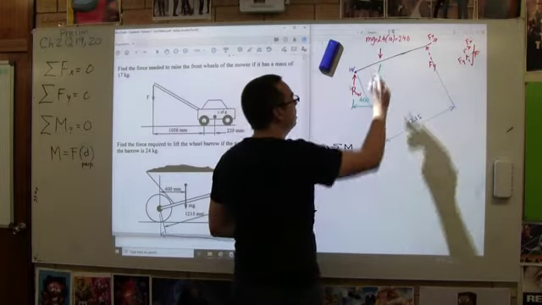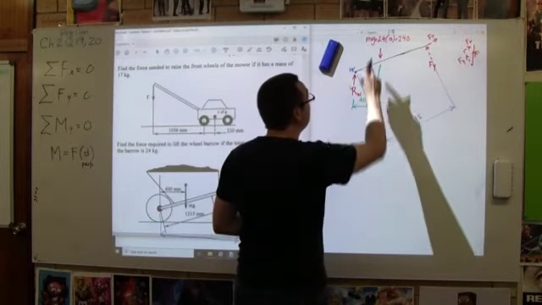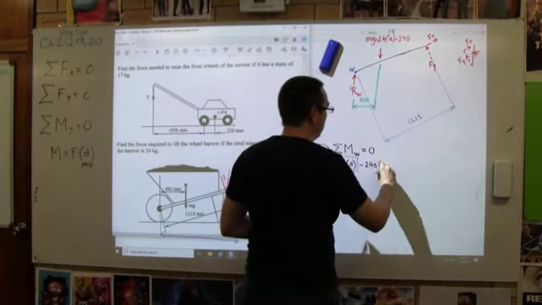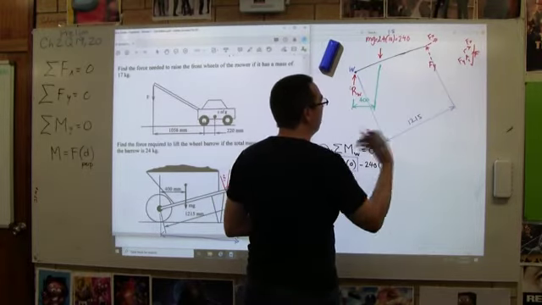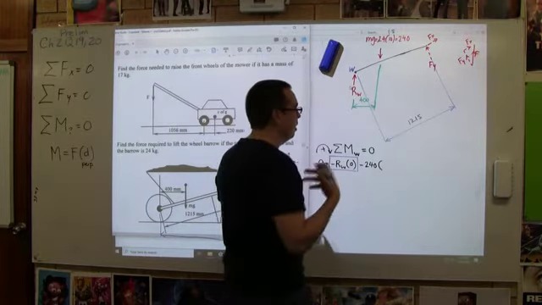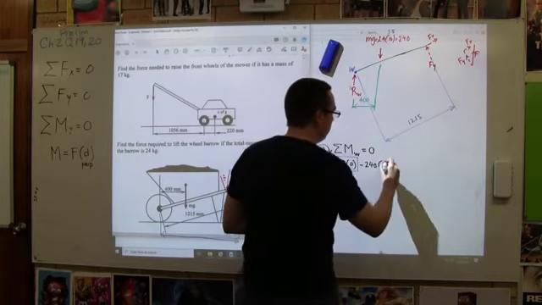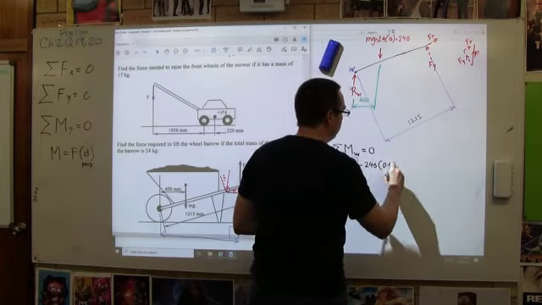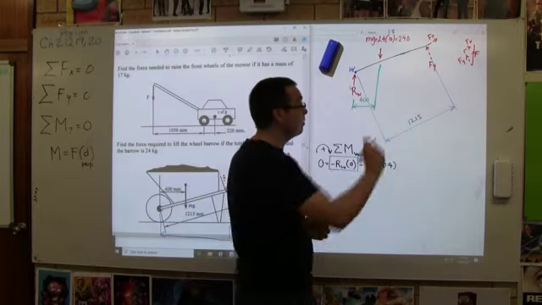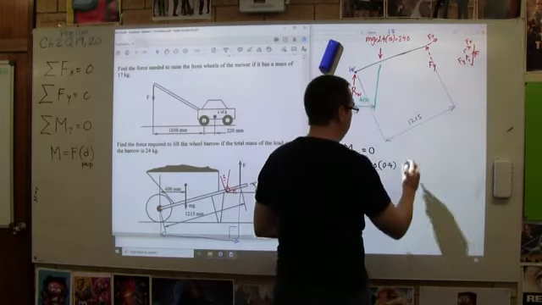Okay, so the next force is mg. Now mg we've said is 240 newtons, and the distance to that is, I'm going to use meters, even though I like millimeters. I just don't like writing all the zeros, so I'm going to write 0.4, and I'm willing to bet that's what Copeland wrote in his answers. Then I've got Fx and Fy.